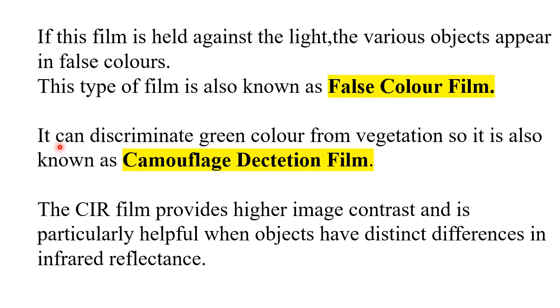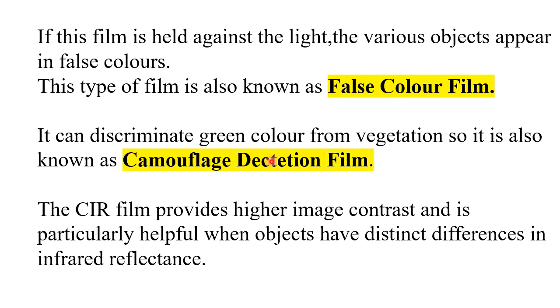And it is also important because it can discriminate green color from vegetation. So it is called camouflage detection film. Camouflage or cryptic coloration is the same term. Camouflage means color which is the same as its surroundings.